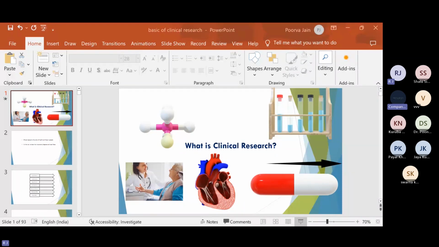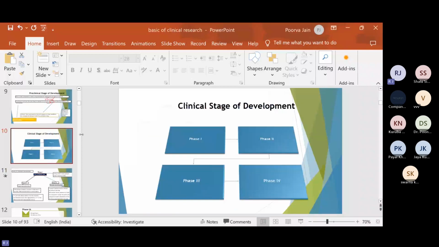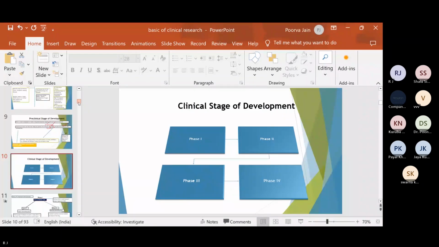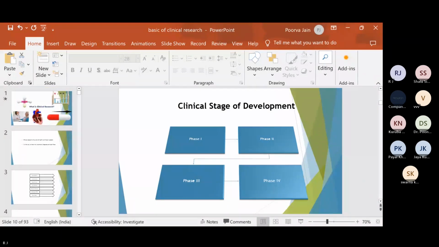So again, hello. Sorry, sir, for disturbing. I think your slide is stuck. The slides are not moving. Only the first slide is there. Okay, I got you. Okay, let me reshare it again.